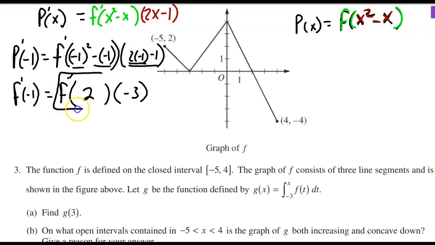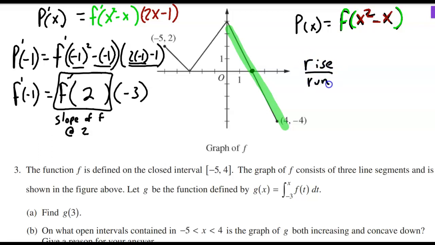So what does this represent again? Well, this represents the slope of f at 2, at x equals 2. So let's find where x equals 2. That's right here. So they want to know what is the slope of this line. So what you want to do is find the rise and run of that line. So just pick any 2 points, like I'll do these two. Find your rise.